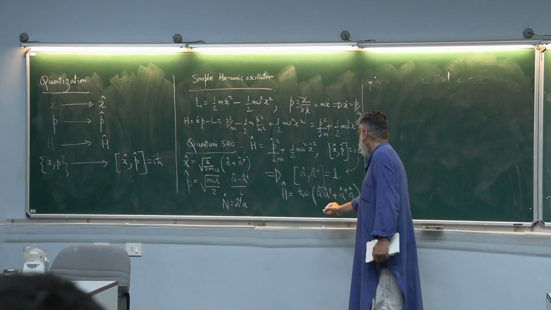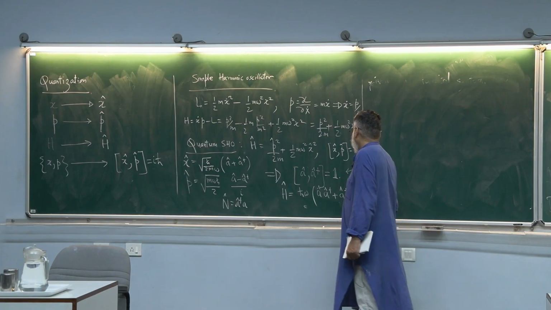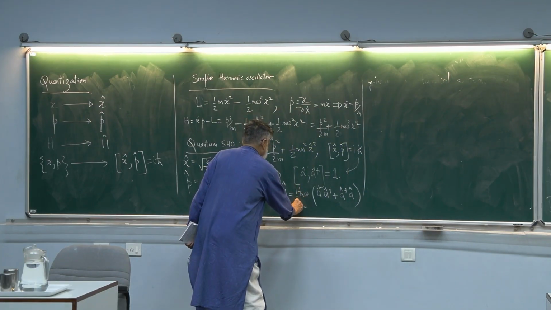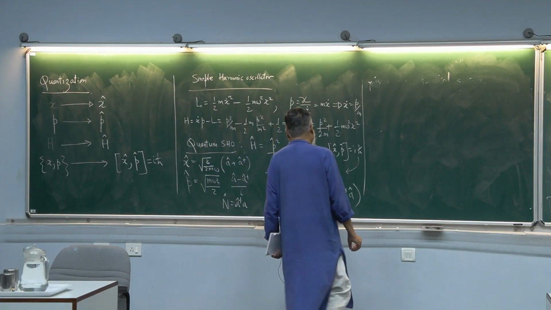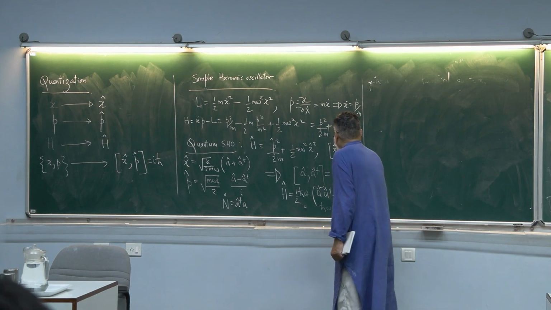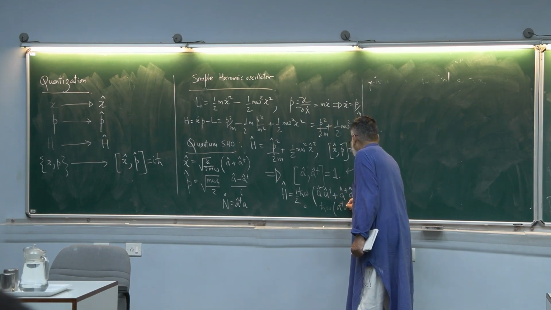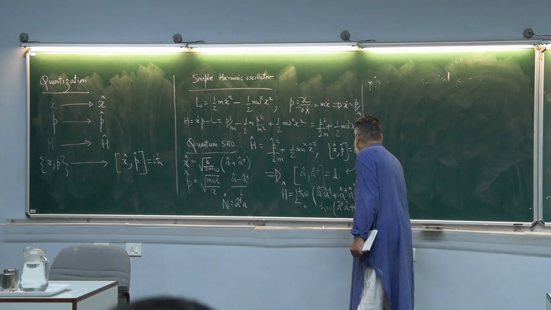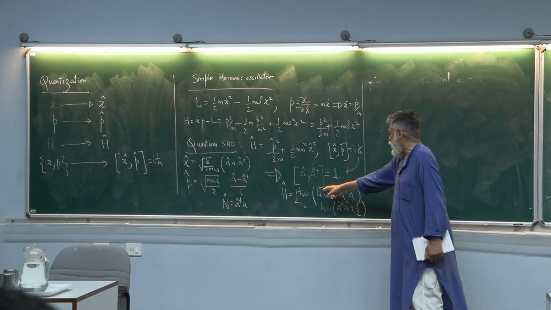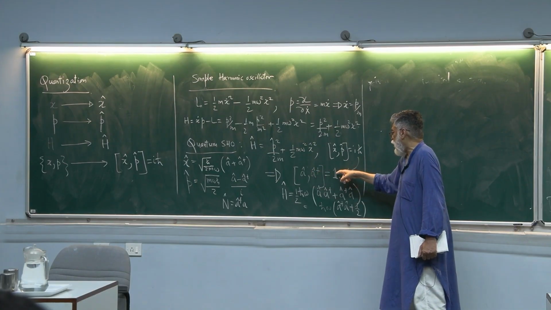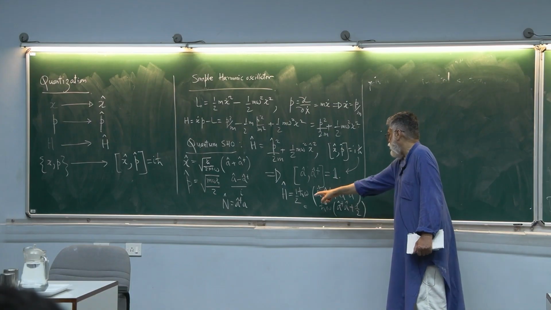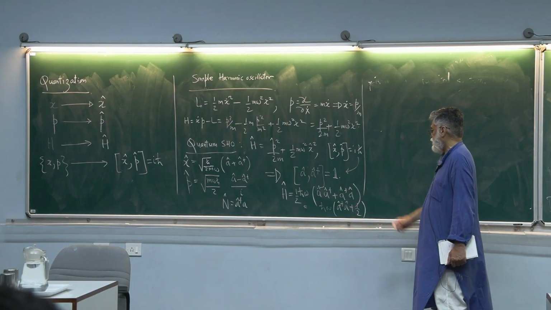So the whole thing can be written as, I think there is a half factor, h bar omega times A dagger A plus half. Because A A dagger is 1 plus A dagger A, so there will be 2 and the half factor, and you will get this.